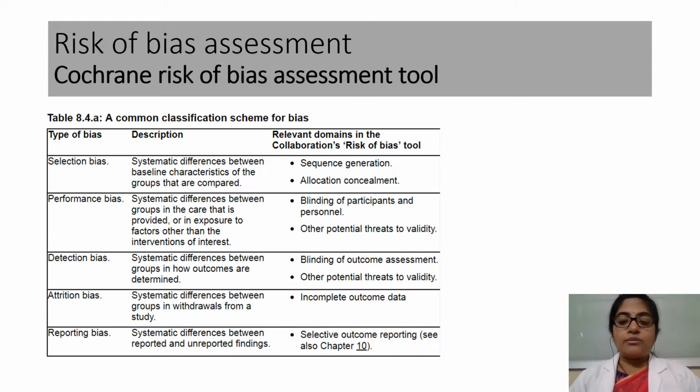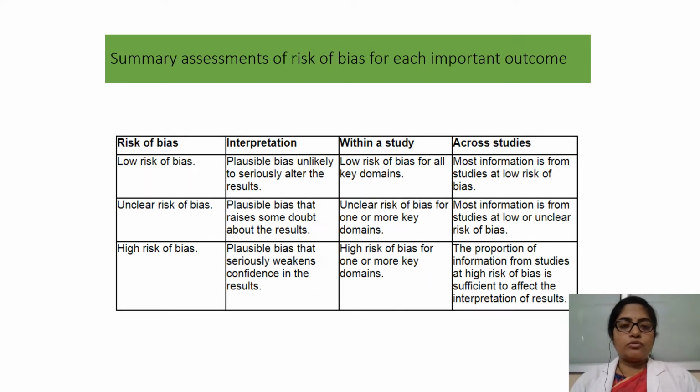So this tool helps us to again critically appraise the article on the basis of risk. When we analyze a particular study, we have to report it on the basis of risk of bias. The risk of bias can be low, unclear or high. When it is a low risk of bias, the interpretation is that it is not a bias that will seriously alter the results.